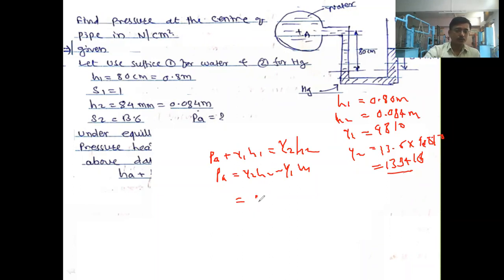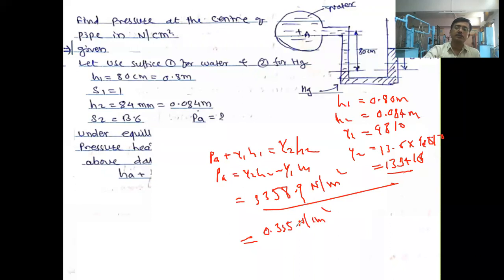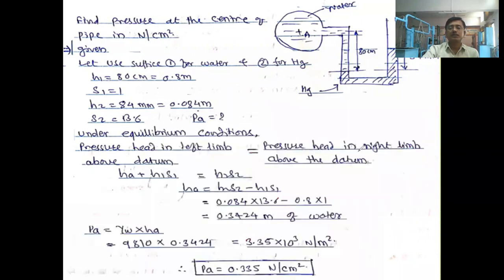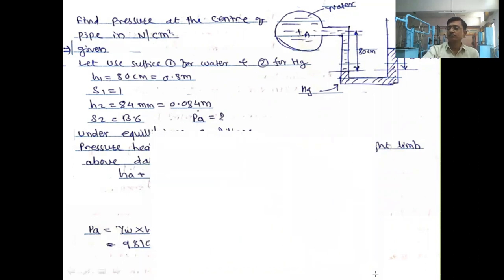So I have got the value as 3358.9 Newton per meter square. Dividing this value by 10 to the power 4, 0.3359 Newton per centimeter square. So we are getting the same answer by using both methods. Solve this problem by both methods, and you will understand that both methods give the same result.